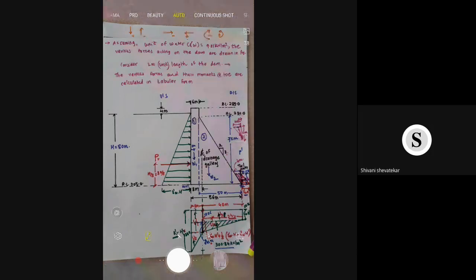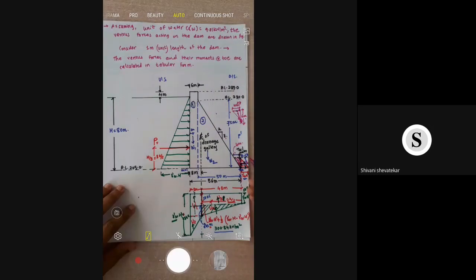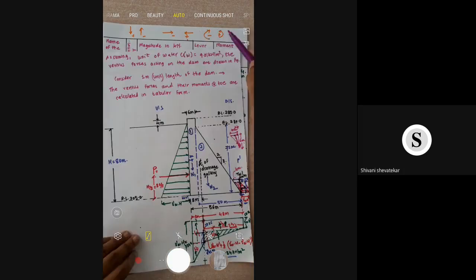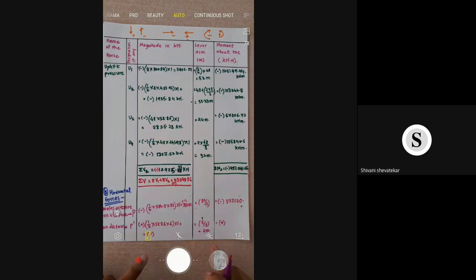Look at the figure, toe is there, so horizontal force is creating. Yes, it is anti-clockwise, therefore it will be positive. Okay, work out the values and write it accordingly.